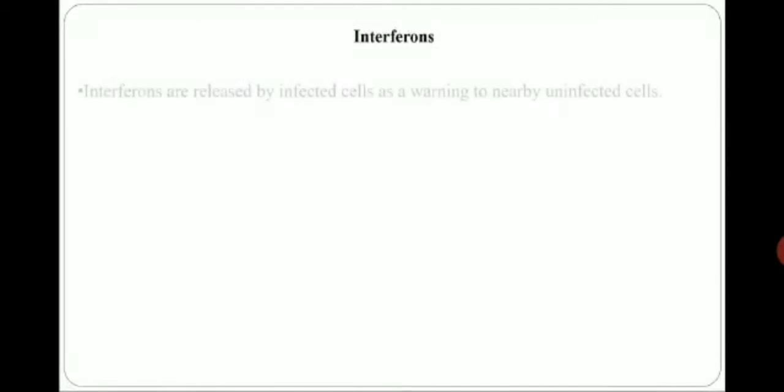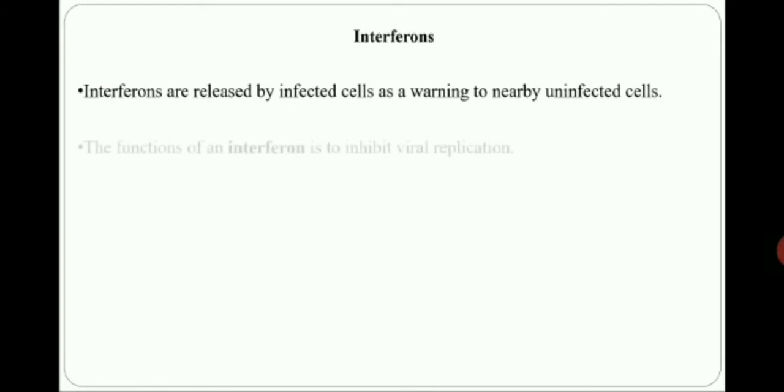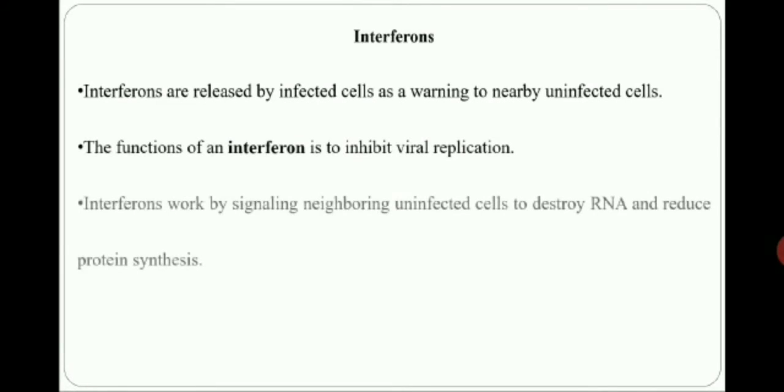Interferon is the second type of cytokine which we are going to discuss. These are mainly released by the infected cell as a warning to nearby uninfected cells. The main function of interferon is to inhibit the replication of viruses. So interferons can work as signaling molecules.